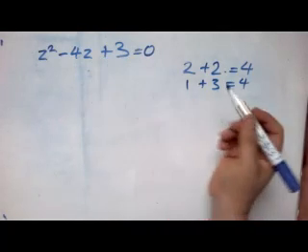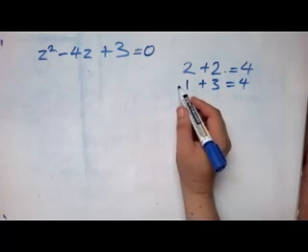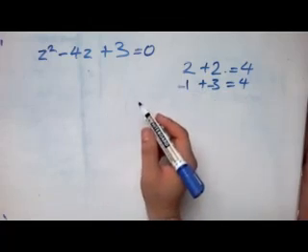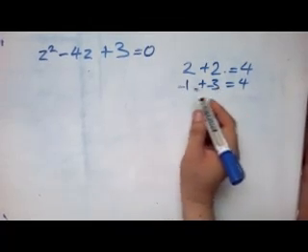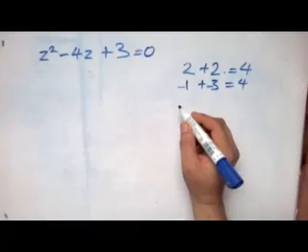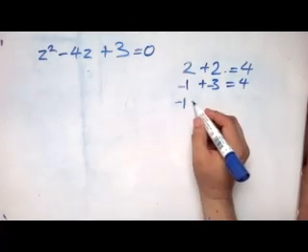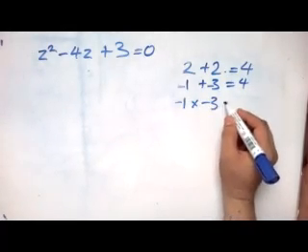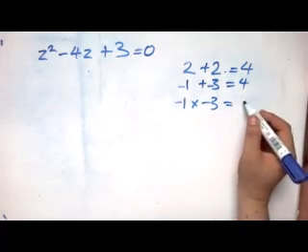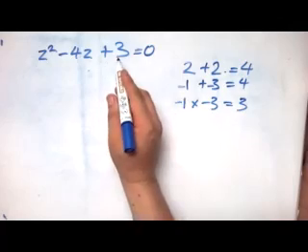So it will help us to know that our 1 will be minus 1, our 3 will be minus 3 as well. And that will also help us when we now add those two negative numbers, it will now be minus 4. When we say minus 1 times minus 3, the minus will multiply the minus to become plus. 1 times 3 will give us 3. So we'll get a positive 3.